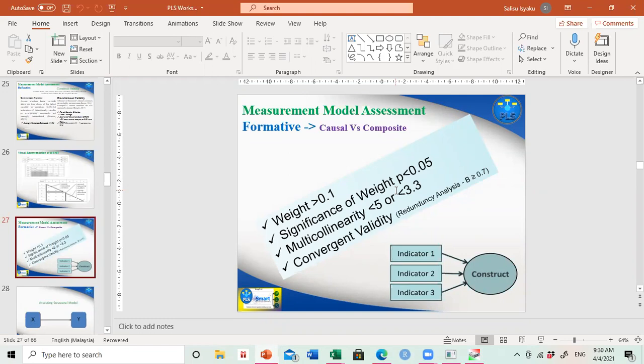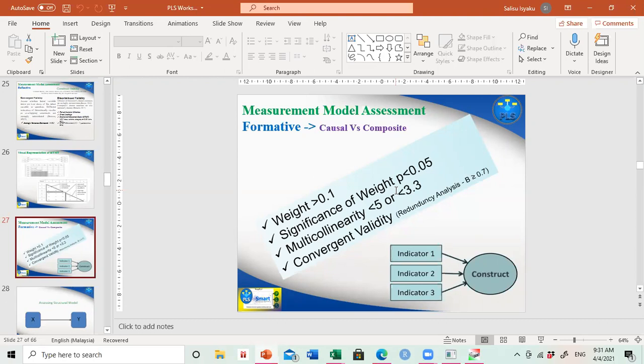One, they call causal indicators, while others they call composite indicators. But before we talk about causal and composite, these are the things that we should measure to know whether we achieve the measurement model or not.